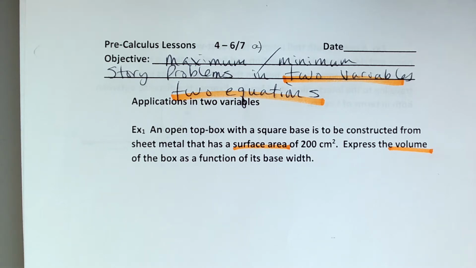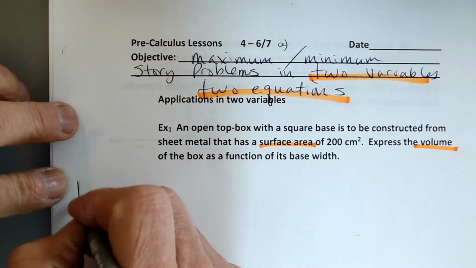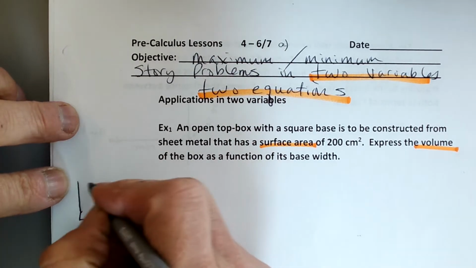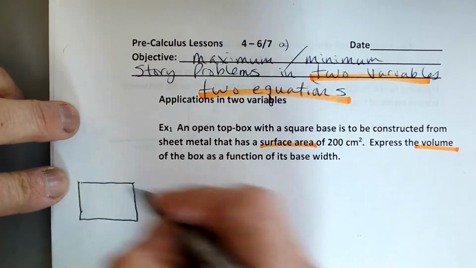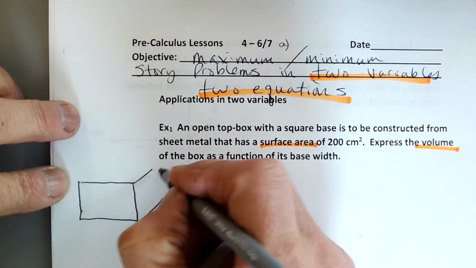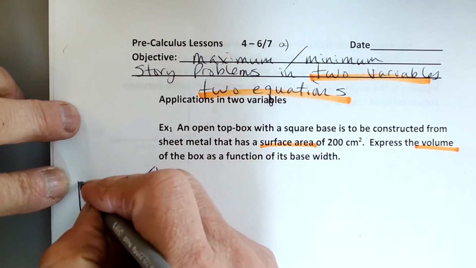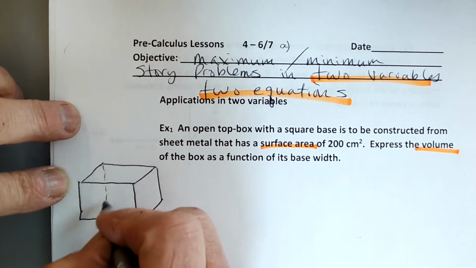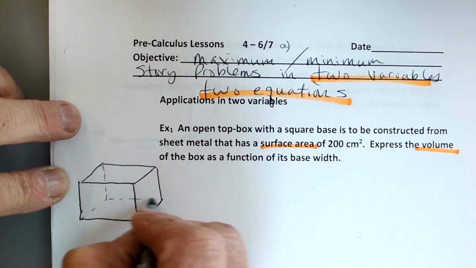So let's draw a picture first, okay? So first thing, I always like a picture because picture makes this so much easier for me. So I'm going to draw a 3D box here. And it has no top, okay?